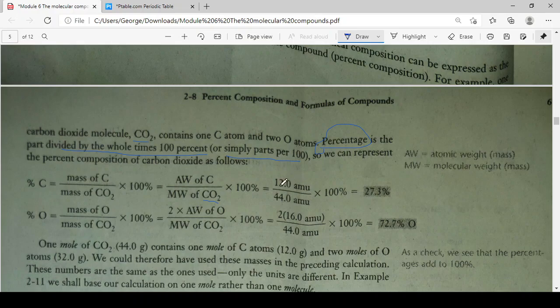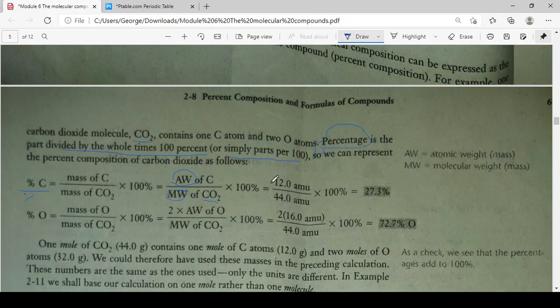First and foremost, kids, if we are finding your percent of carbon, it is the mass of your carbon. The mass of carbon is always equivalent to its atomic weight, over the mass of carbon dioxide, which is equivalent to its molecular weight.